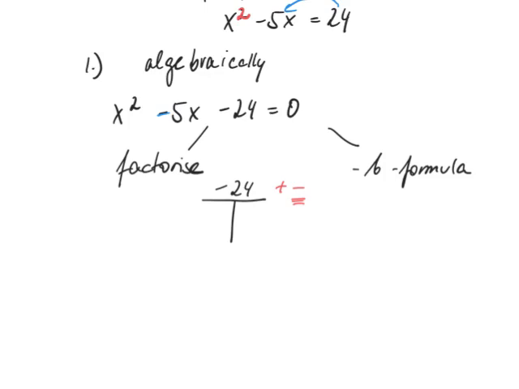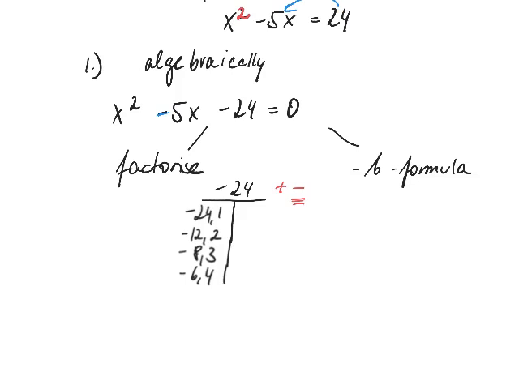Okay, so we find two numbers that will multiply to minus 24. And the negative number is going to be bigger, so I can say minus 24 and 1, minus 12 and 2, minus 8 and 3, and minus 6 and 4. I add this up.